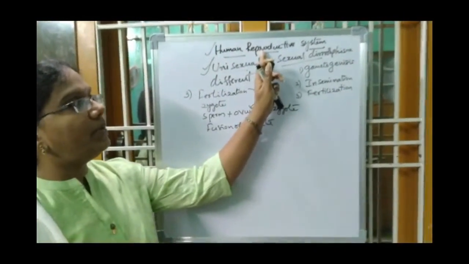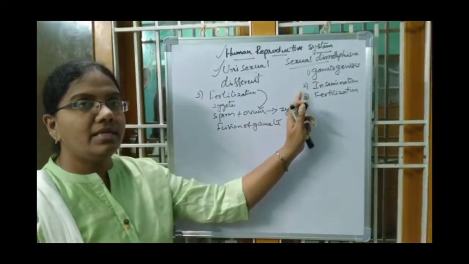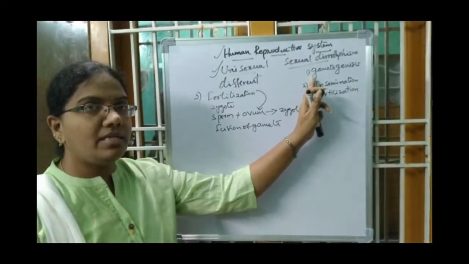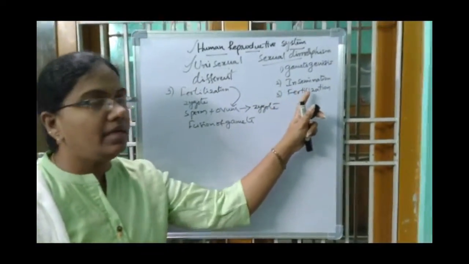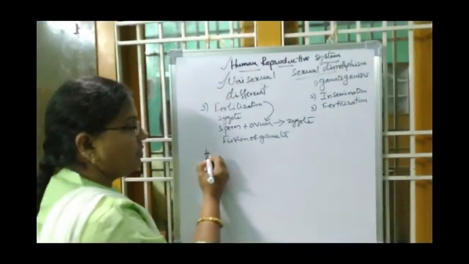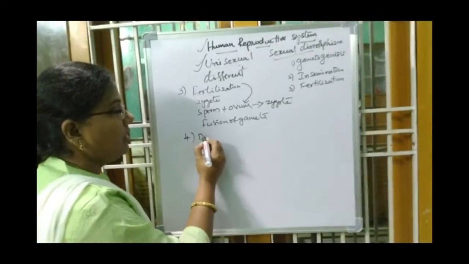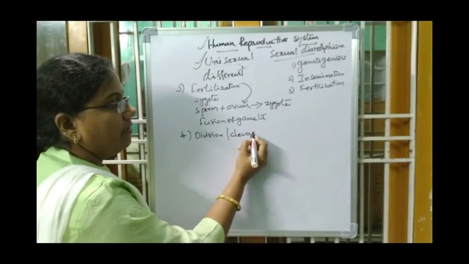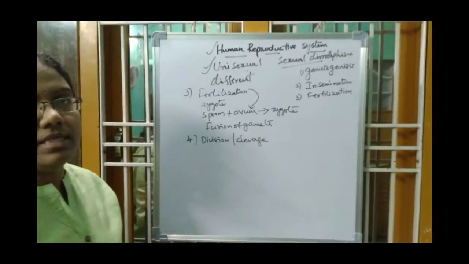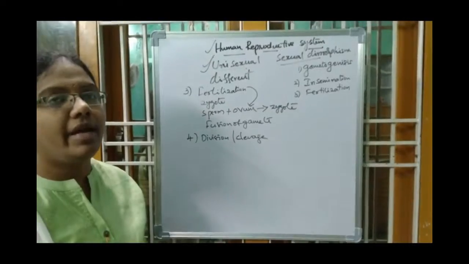In the reproductive phases, first phase is gametogenesis, second phase is insemination, third one is fertilization. Next, the fourth phase is the division phase or cleavage phase. What is division? Division means divide.